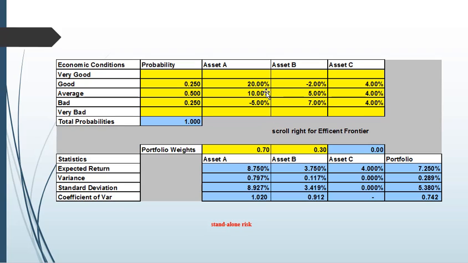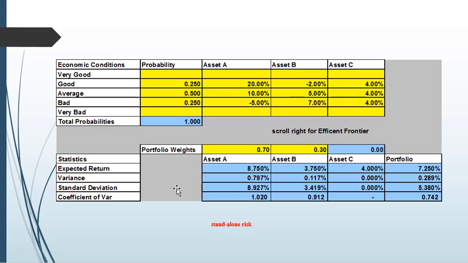Asset A is 20, 10, and -5. B is -2, 5, and 7. And asset C is all 4s. So if you look at the returns, the average rate of return, the expected return, asset A is 8.75%, B is 3.75%, and asset C is 4%.